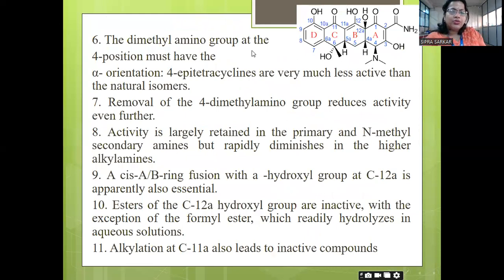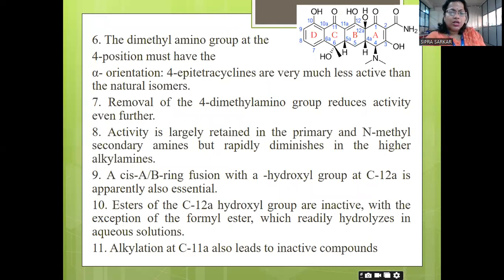The dimethylamino group at the 4th position, see 1, 2, 3, 4. At the 4th position, the dimethylamino group, N(CH3)2, as also discussed in the earlier structures, must have the alpha orientation. That means below the plane, and 4-epitetracyclines are much less active than the natural isomers.